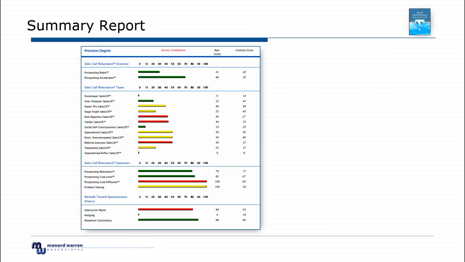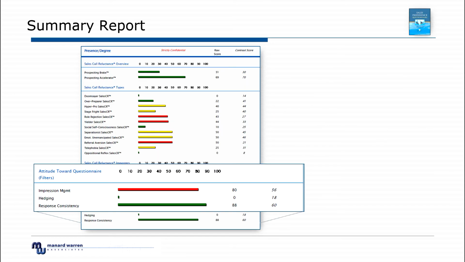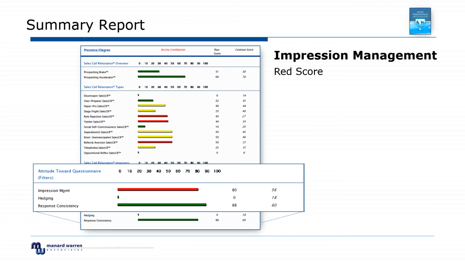Look back to your summary page and look down at the bottom under attitudes toward the questionnaire and see how you scored on the impression management category. If you scored in the red zone, then what I'm getting ready to say is very important for you. We're going to do something a little bit different now.